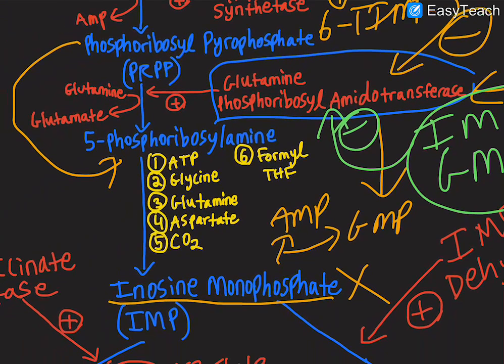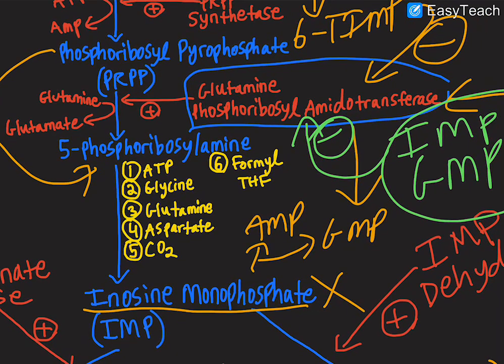Next, let's talk about methotrexate, okay? So first, let's just note this. See 5-phosphoribosylamine right here, that gets converted to IMP, inosine monophosphate. What's one of the things we need? Look here, formyl tetrahydrofolate is one of the things that we need in order to convert 5-phosphoribosylamine to IMP.